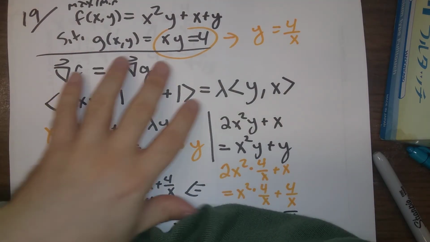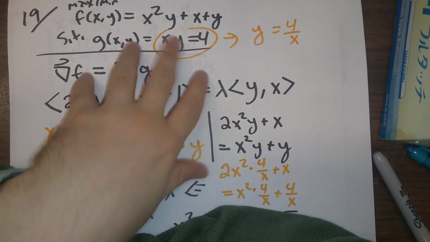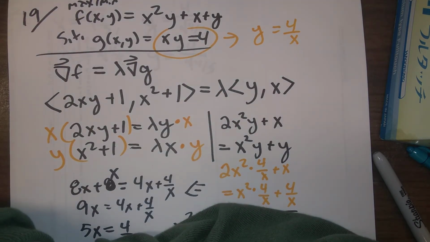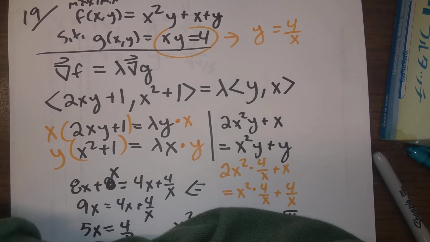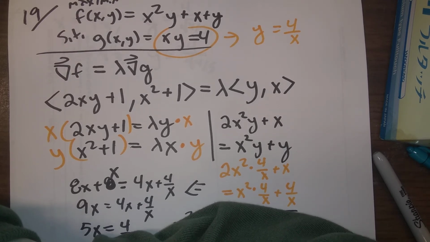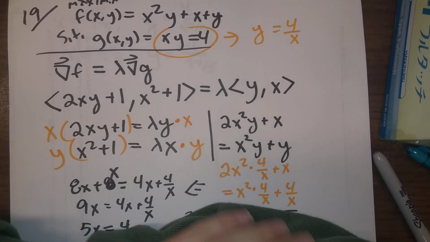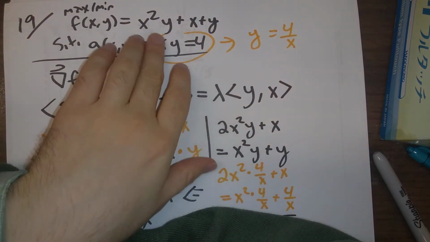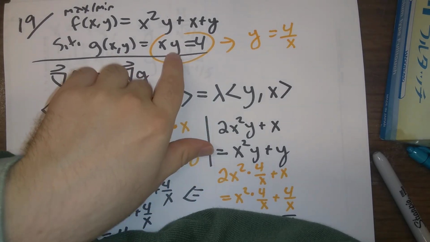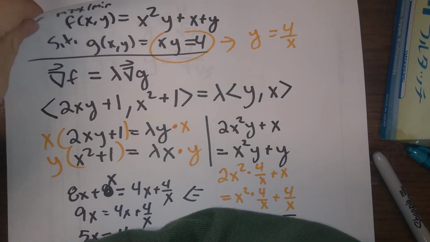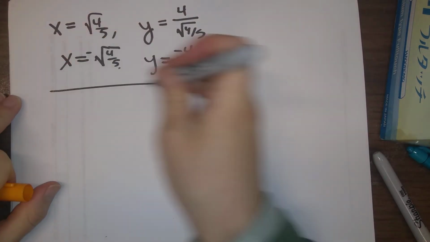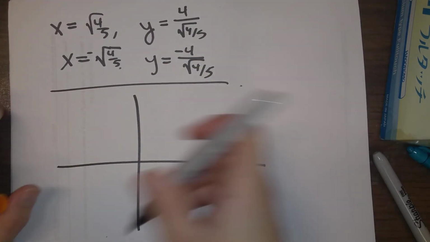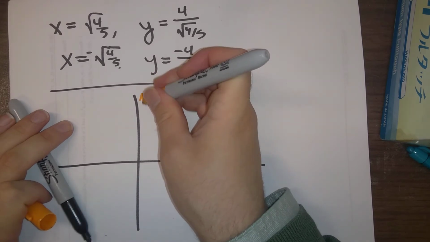As it turns out, I worked through this, and I wanted to work through this as a good example of working through Lagrange multipliers. However, there is a different way to attack this, which lets us see that yes, there is no global max and min on this constraint. Let's draw what this looks like. x times y is equal to 4.